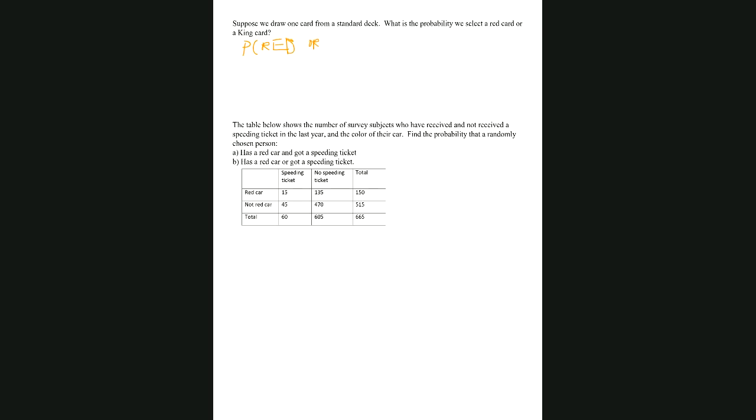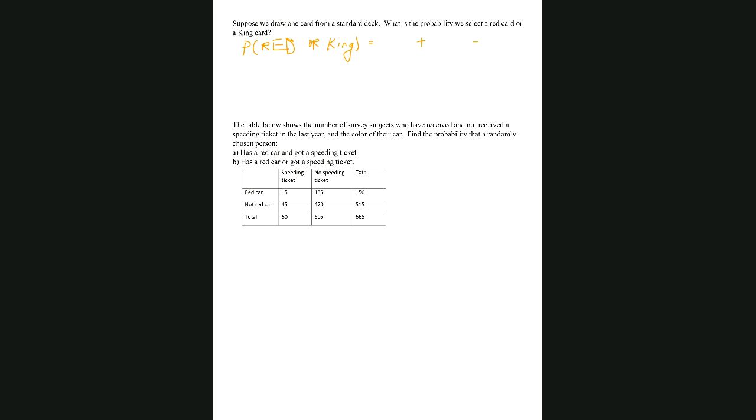And sorry about me writing with this mouse. Okay, so now this is going to be the probability of red plus the probability of king minus the probability of red and king.